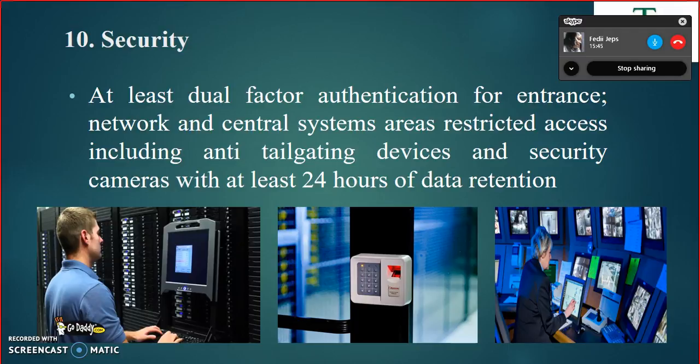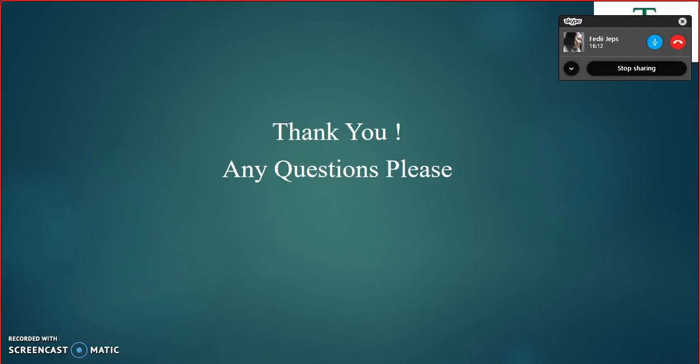The third picture deals with CCTV, a closed circuit television which monitors the data center 24/7 and prevents any unauthorized access, or points out any activity that looks suspicious. That's all about security in a data center.